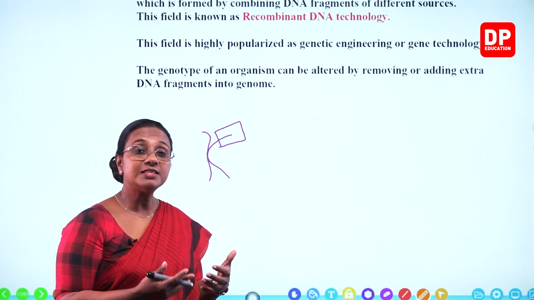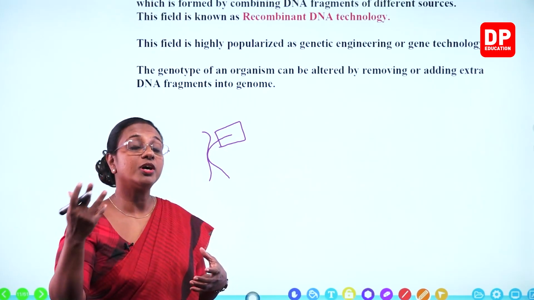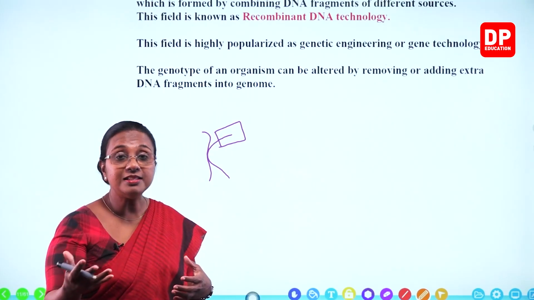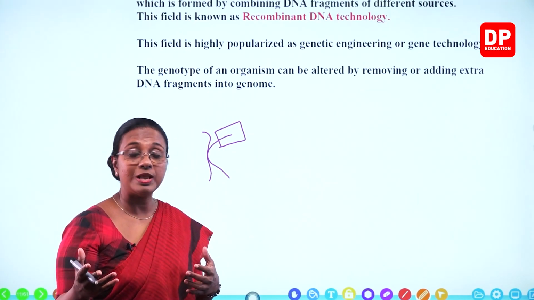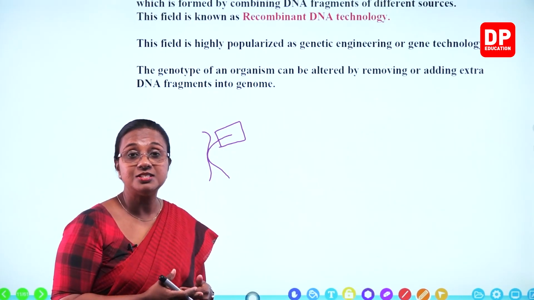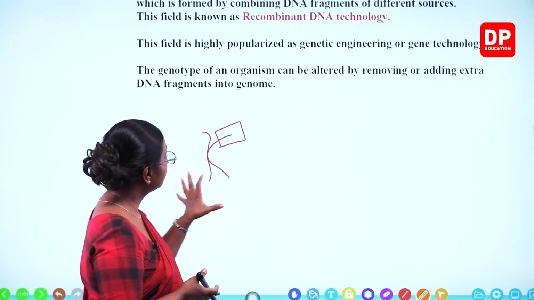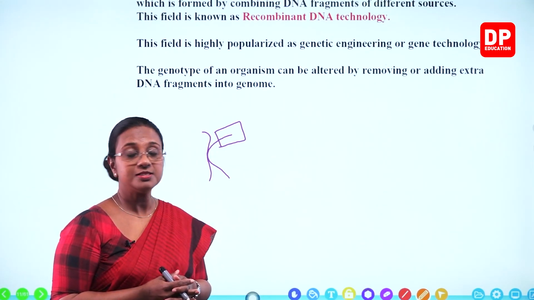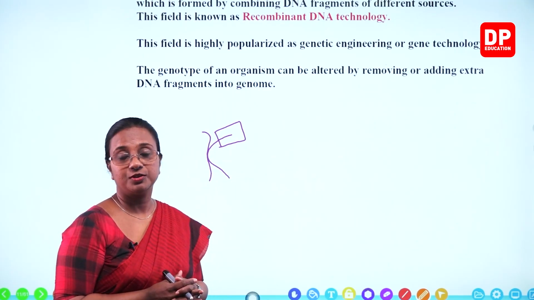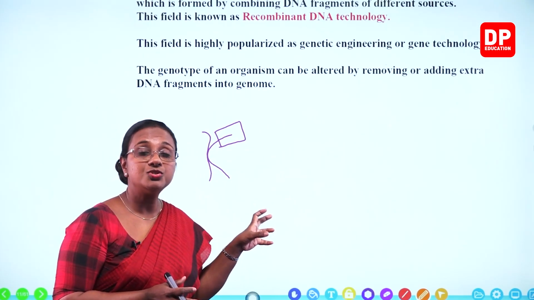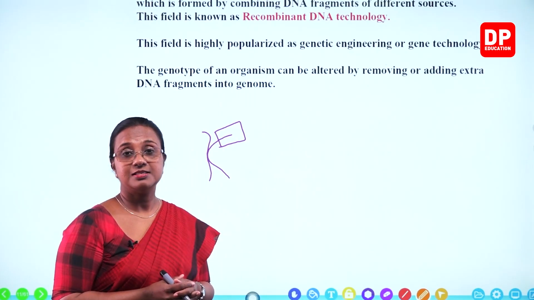So we want this character to be inserted or combined with another crop, so that that crop will also produce plants that are rich in nutrients. To do that, we can cut off this part of the chromosome that has those desired characteristics.